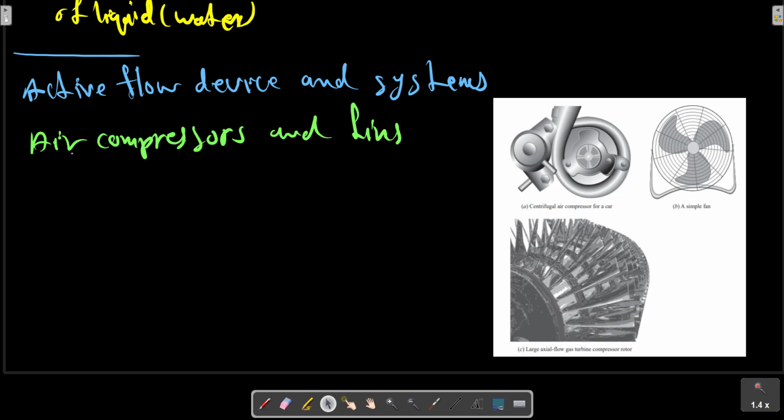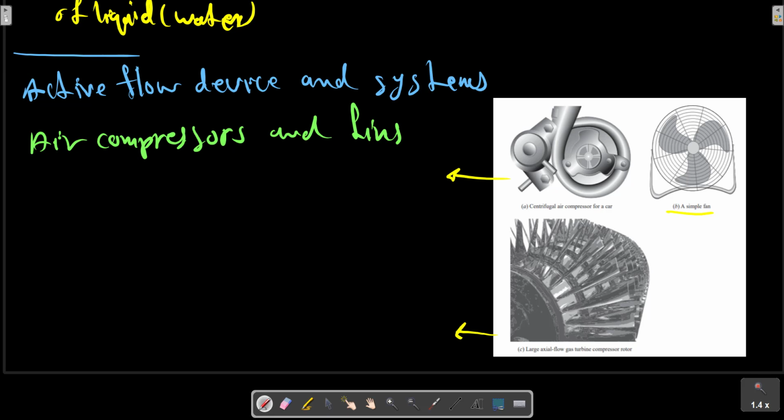These devices require a work input so the compressor can deliver air flow at a higher pressure and the fan can provide an air flow with some velocity. A centrifugal compressor, a simple fan, and a large axial gas turbine compressor are shown in this picture.